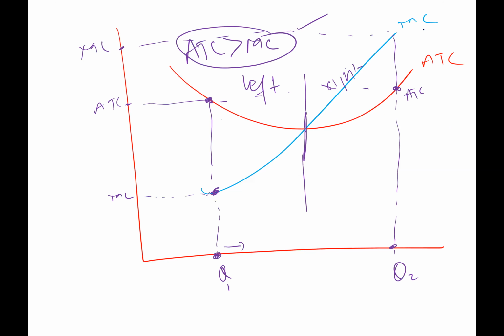So in this region, MC is greater than ATC, right? Without drawing all these graphs, we automatically know that we are on the right side. And right side means the more we produce, our cost will be higher and we will be losing our profit.